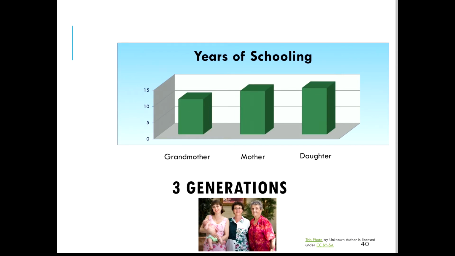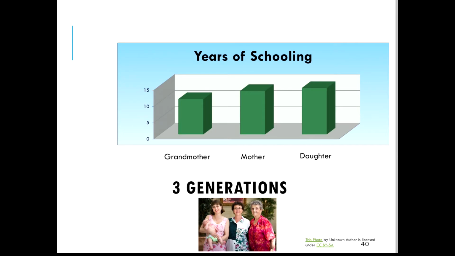This graph shows years of schooling. Notice that the grandmother has the lowest level of schooling. Next, the mother has higher years of schooling than her mom, the grandma. And finally, the daughter has higher years of schooling than her mom.